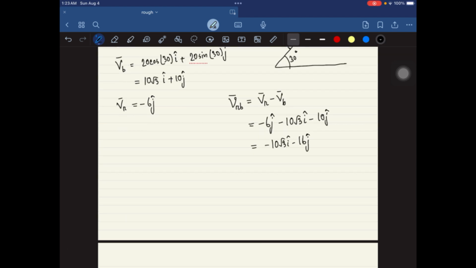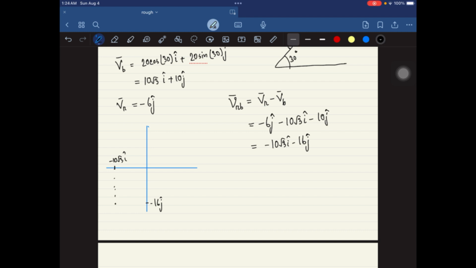In the coordinate system, the point should be minus 10 root 3 along i, and minus 16 along j.